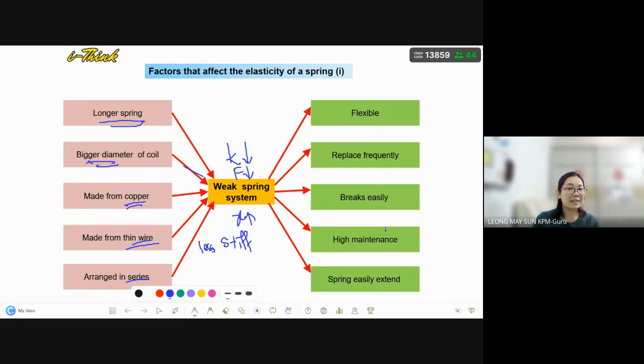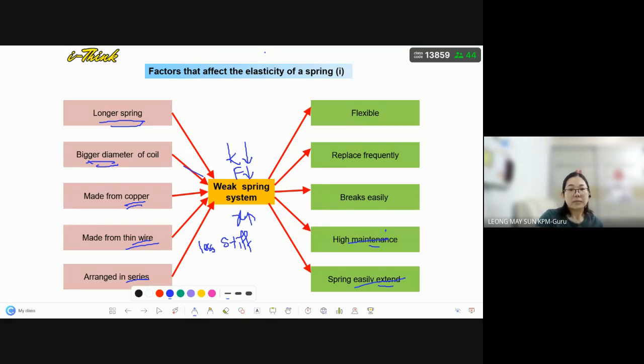The spring easily extends and it will exceed the elastic limit very easily. High maintenance. So these are all the weak spring systems that we have to avoid. So remember, this is to avoid. If you want it to be more flexible, then long spring.